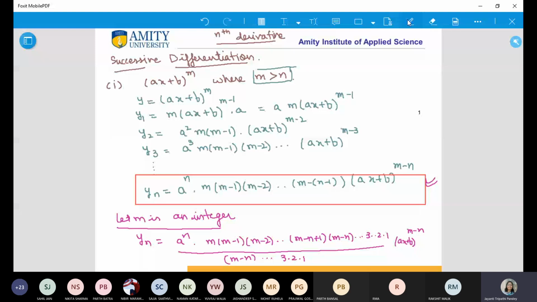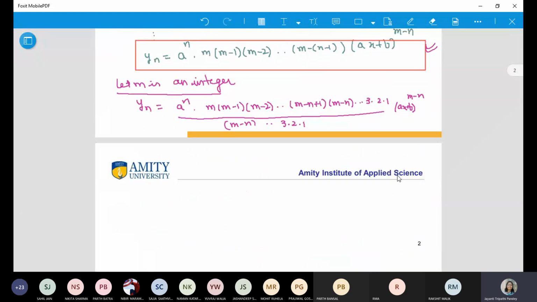Now, if you see this, what will it represent? This will represent factorial m minus n. And this is factorial m, starting from m, reaching till 1.